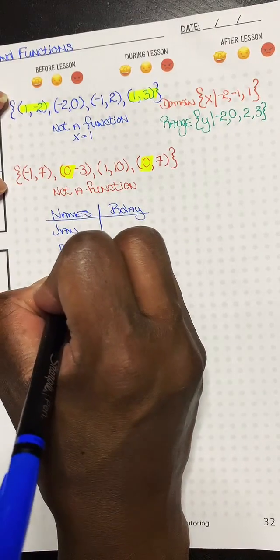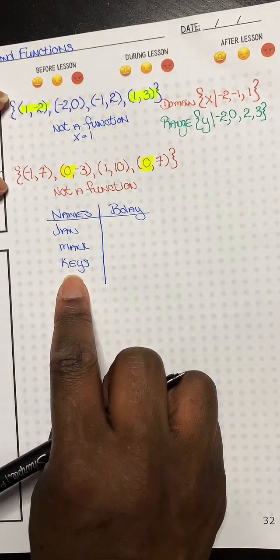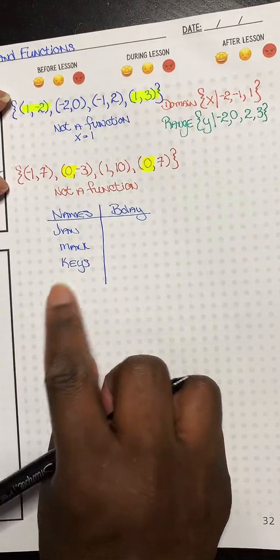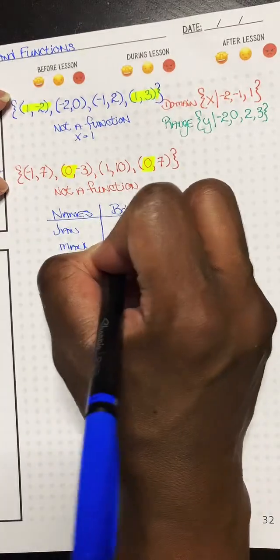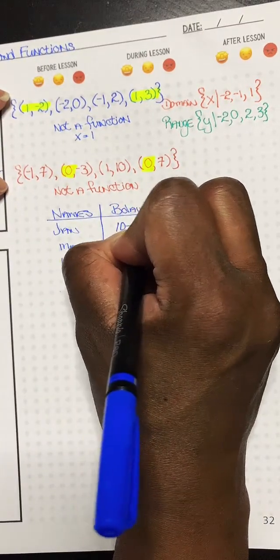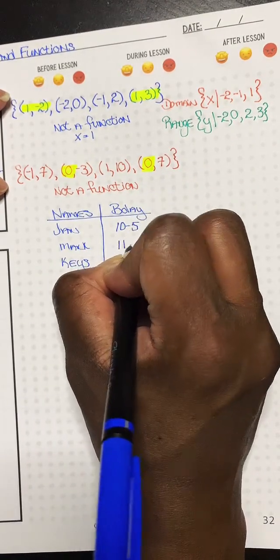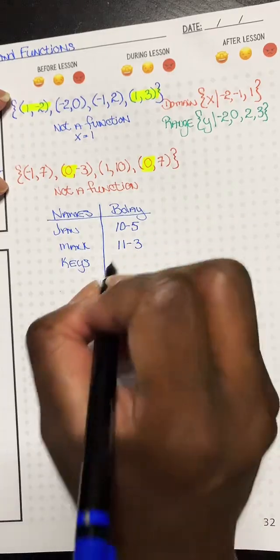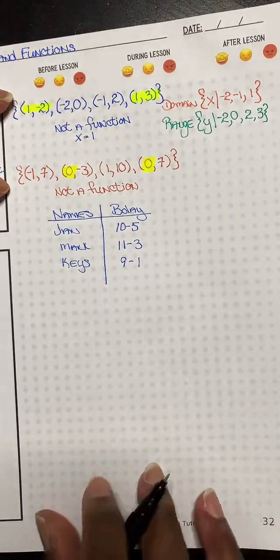I actually had a kid named Keys. This is an actual kid's name, believe it or not. So let's say 10-5. Let's say 11-3. And let's say 9-1.